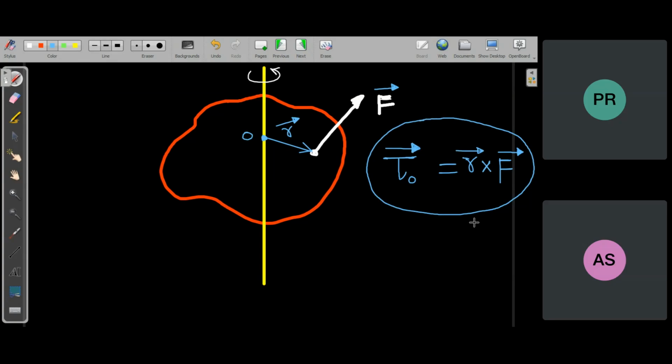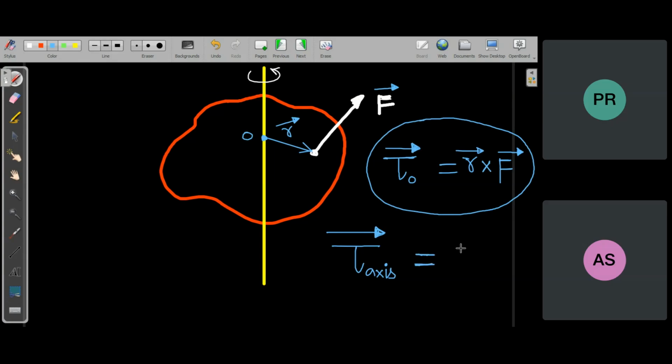It may come along the axis, may not come along the axis. But we have to find torque about the axis. So how to find torque about the axis? First we selected a point on the axis and we calculated torque about that point. But now we have to find torque about the axis.